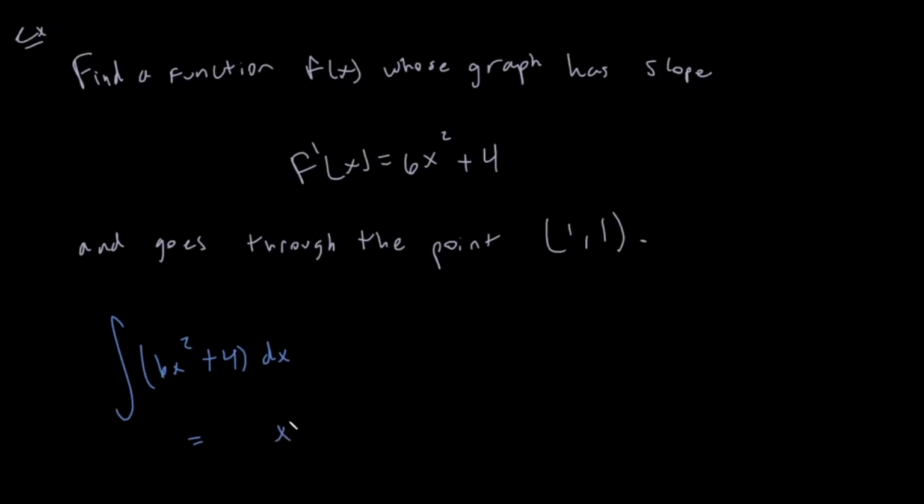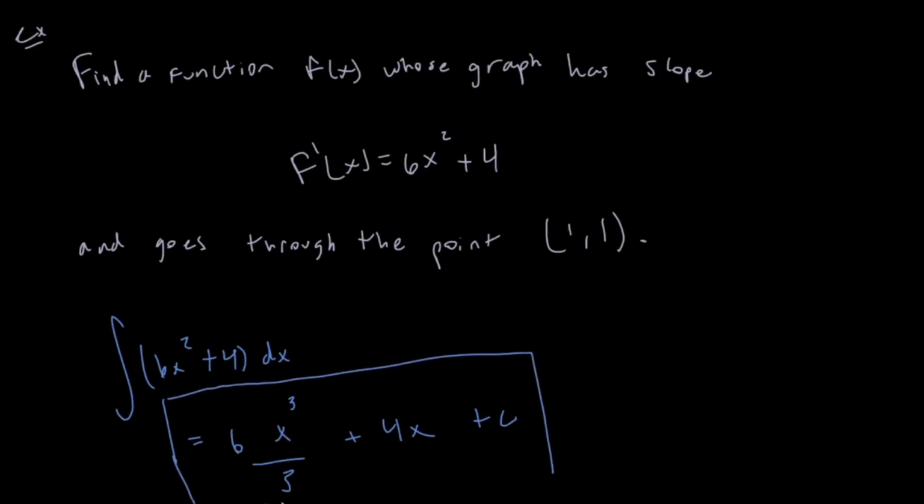So you get x cubed over 3 times 6 plus 4x plus c. And that is our antiderivative. And then we know that f of 1 equals 1.